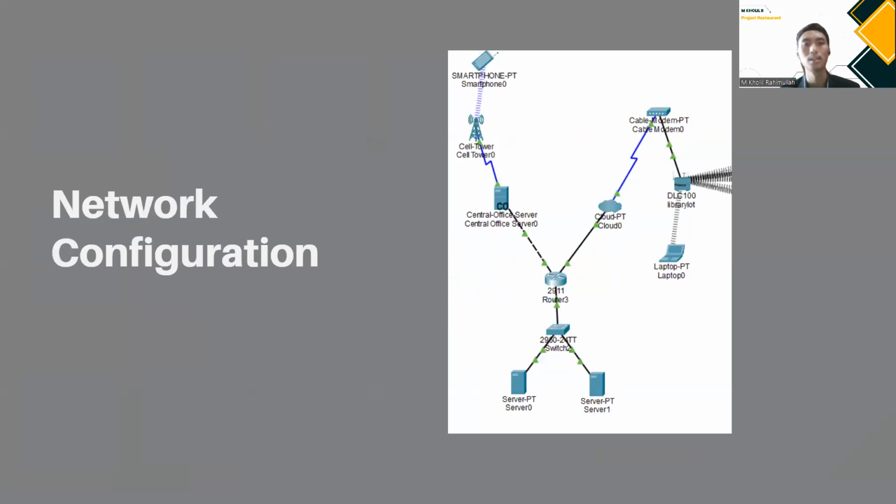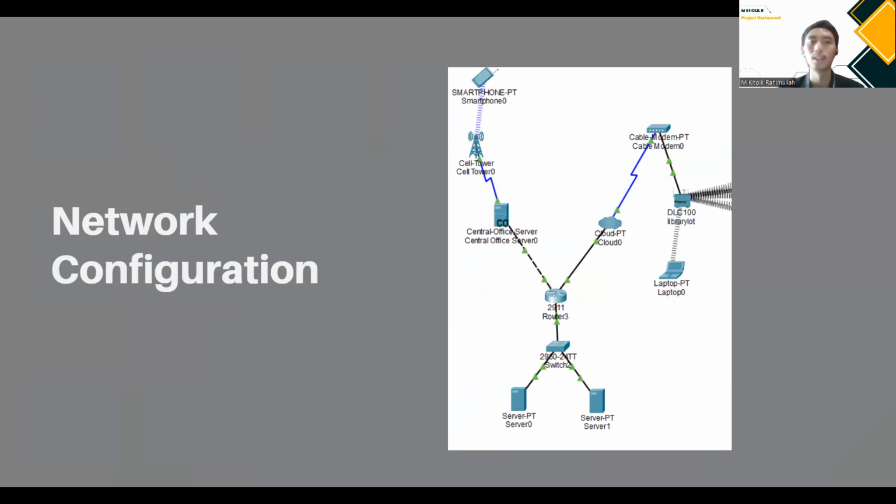So first I want to explain about the network configurations. The first thing that I put in Cisco is the cell tower, because for me, I think it's the central power, the central signal that can connect the other devices in this project.